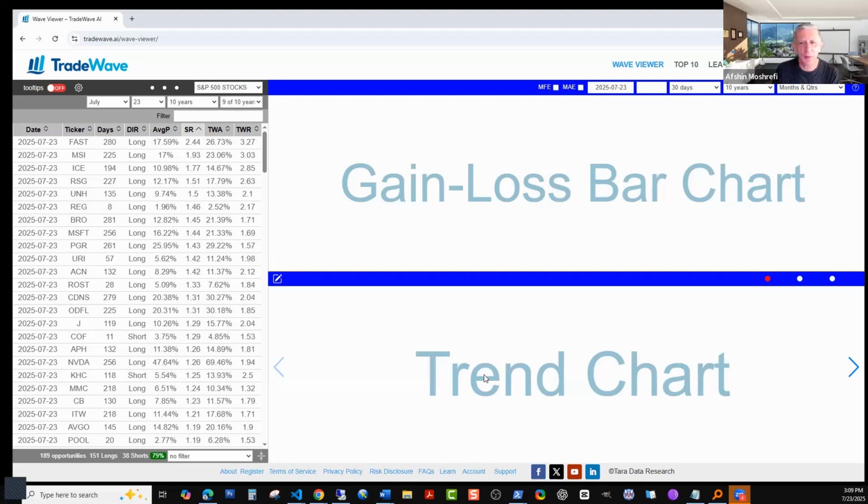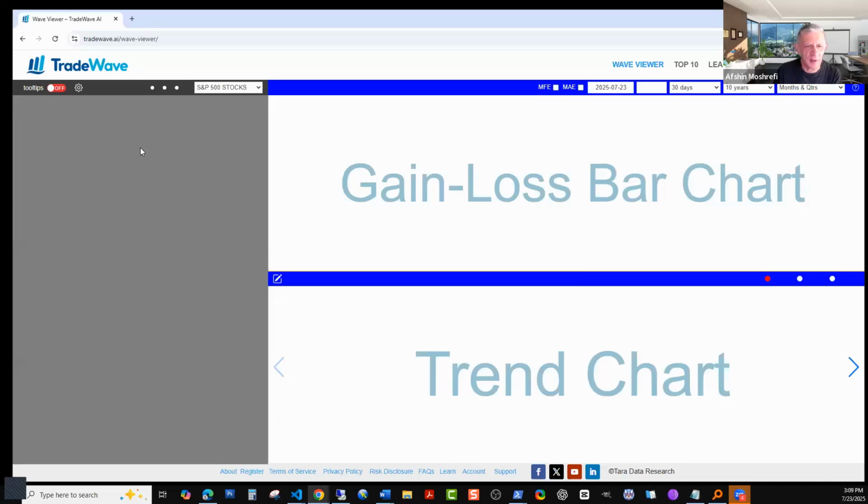So we're at the TradeWave screen right now. I'm going to go over the very basics of it. The left side and the right side are two different things. I covered the left side. The left side is what our analytics engine, which runs on very large servers, detects.